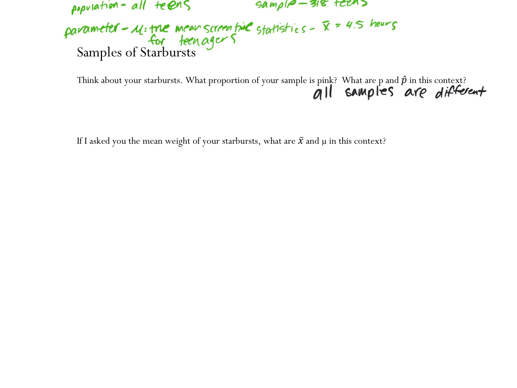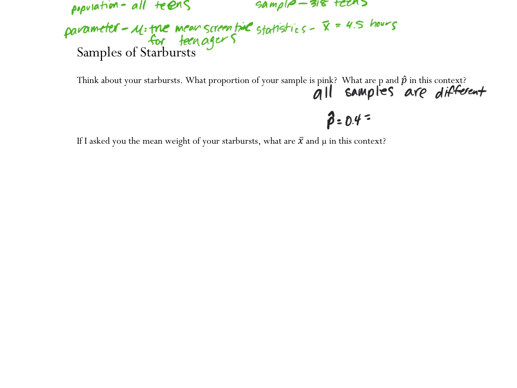When we plotted this symbol right here, where I have a p hat plotted at 0.4, what does that really mean? To say that p hat is equal to 0.4 for that one person, what does that mean in context? 40% of their Starbursts were pink. Okay, I'm going to say that a little differently. Instead of their Starbursts, their sample.